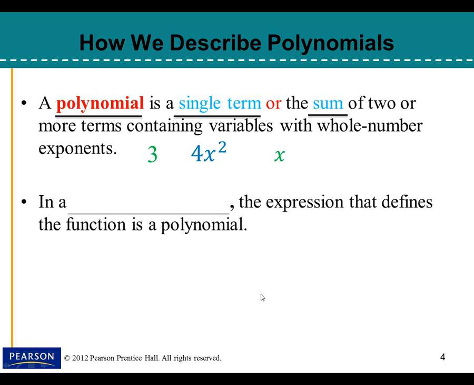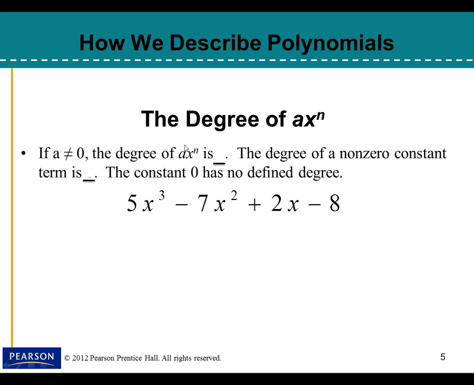You could have just x, or you could have the sum, and so 5 plus x cubed. Notice that my exponents are whole numbers, and then I have single terms or the sum, and that of course could be minus. We also have polynomial functions that we'll get into later, and that's where the expression that defines the function is a polynomial.